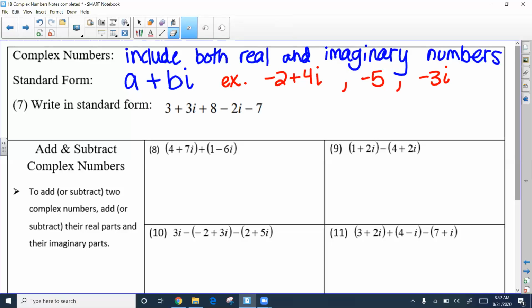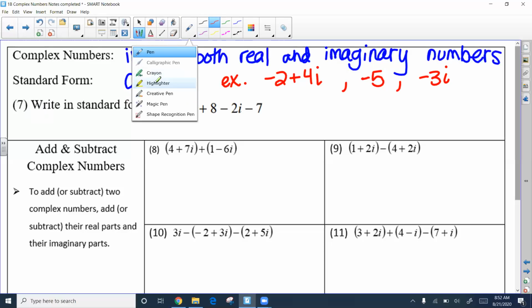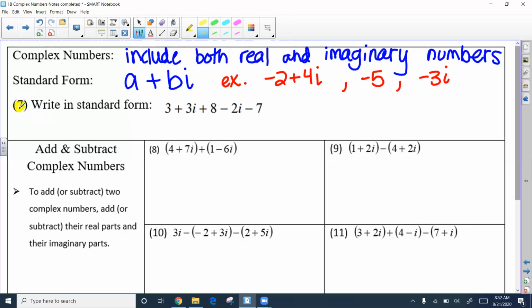All right, so let's look at example 7. Write down number 7 if you're writing in your notes. Write in standard form. Here's the problem we're trying to do: 3 plus 3i plus 8 minus 2i minus 7.